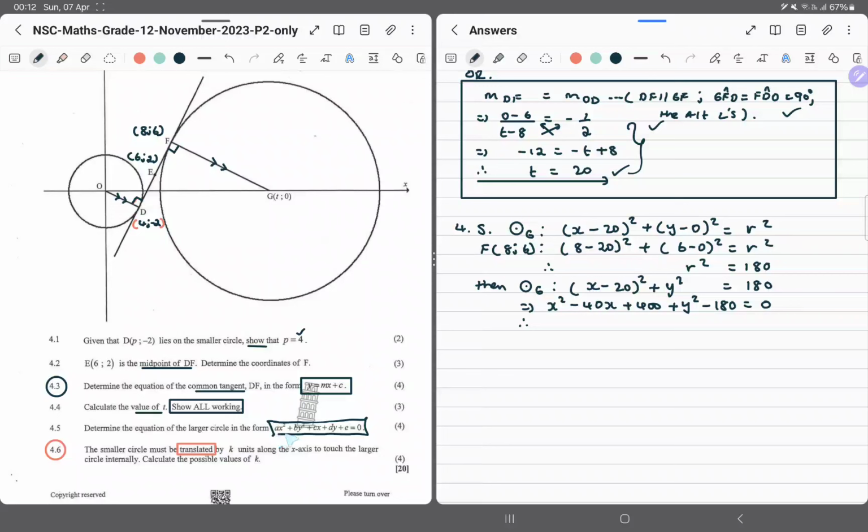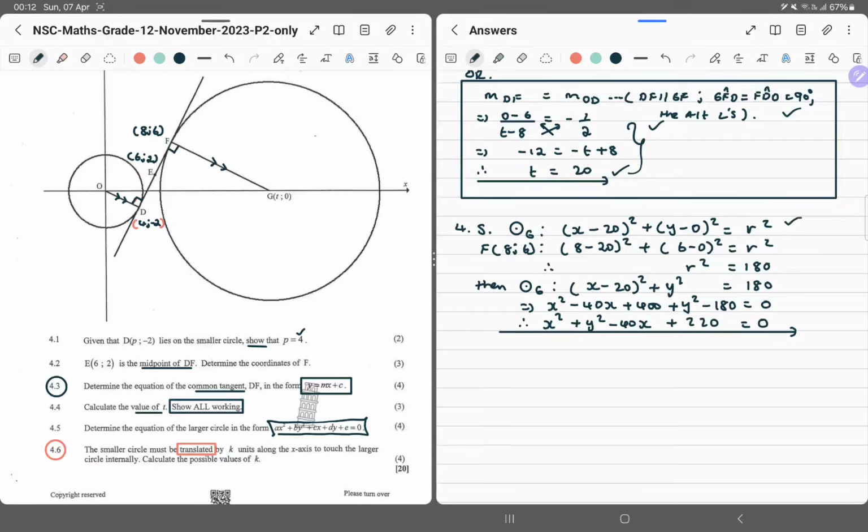Therefore, we try to put it in the manner that it is required: x squared plus y squared minus 40x, and 400 minus 180 is plus 220 equal to 0. So we have put this equation in the format required.